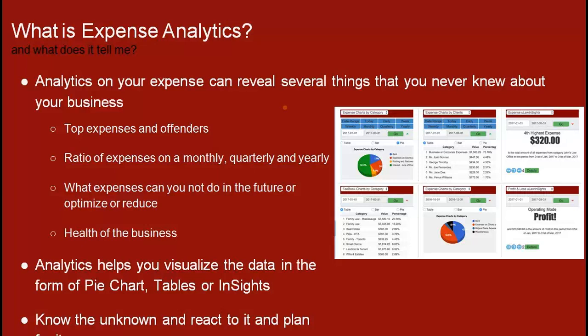You really want to understand where your expenses are and keep a tab on the top expenses. What is the ratio of expenses between monthly, quarterly, and yearly? Has my rent reduced over a period of a year, or is it the same? So the data behind all that work that you're putting in can now be transformed into actionable insights that are very crucial for you to manage, sustain, and improve, and be more profitable within your law firm.